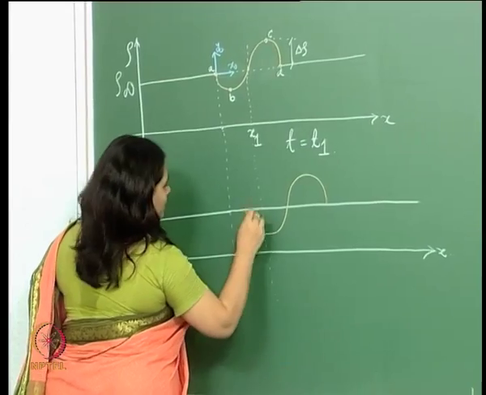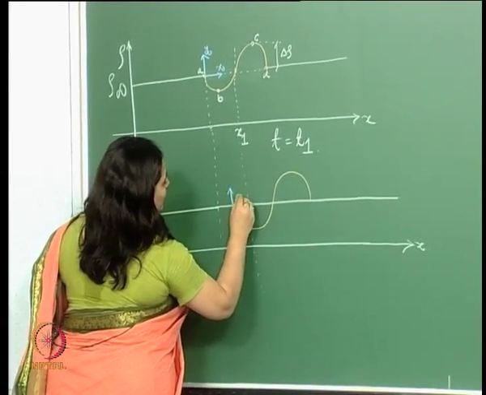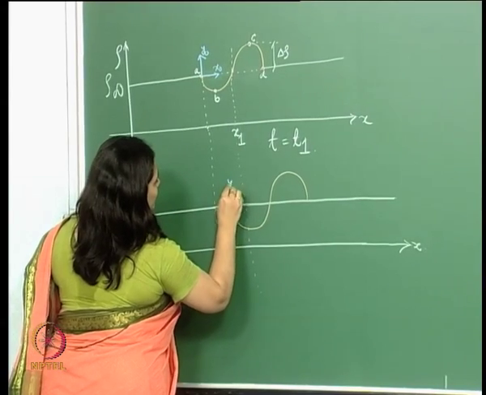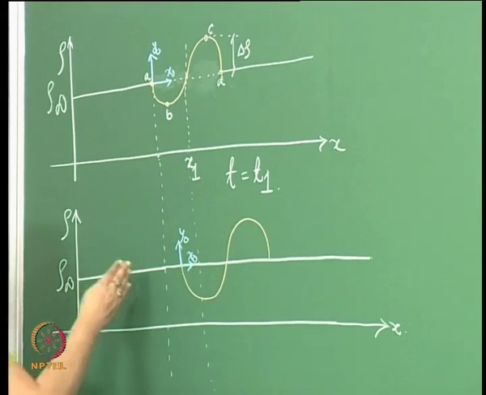So, therefore, you can say this is the wave fixed axis system. It is exactly the same and it moves from here to here.